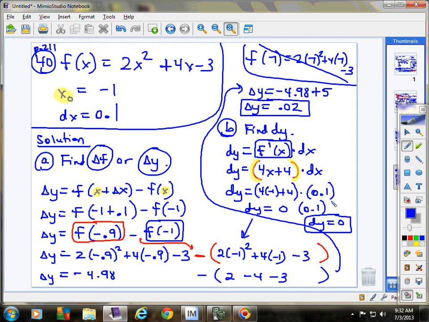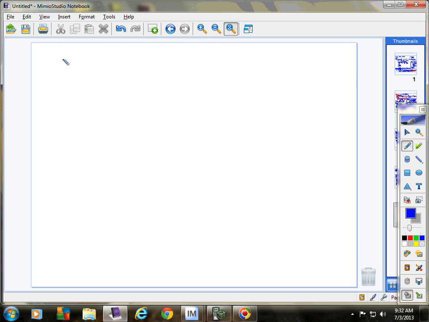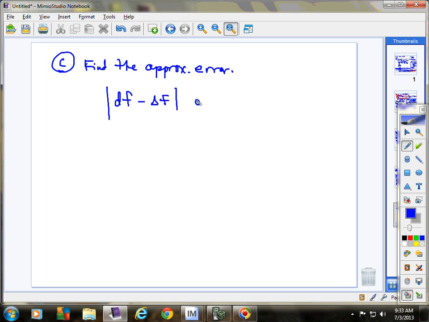C part, find the approximation error. That's the easiest part. The way you do that is you subtract your two answers. You can find dy minus delta y, or you can find delta y minus dy.